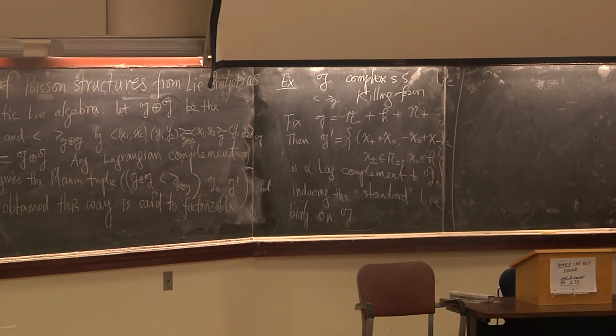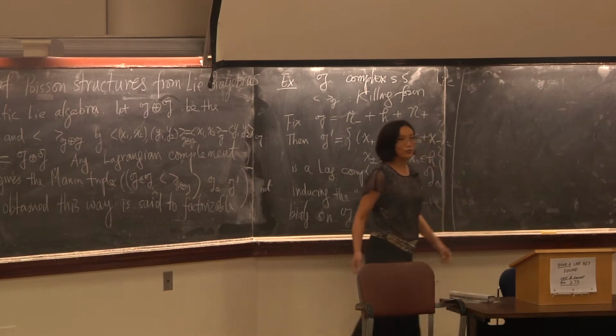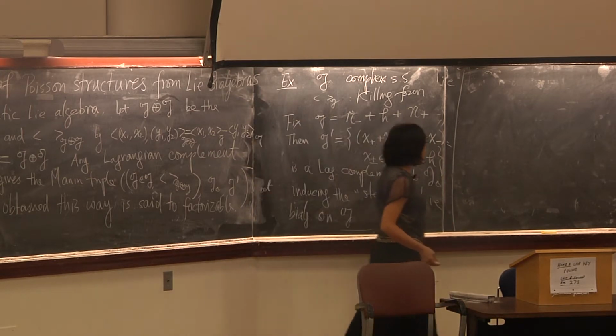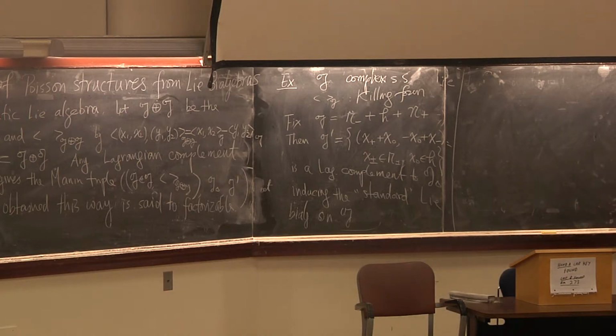And then you can also consider the case where your Lie algebra is real, a real form of a complex simple Lie algebra, and you can also ask for Lie bialgebra structures on there. There has also been a lot of work on that.